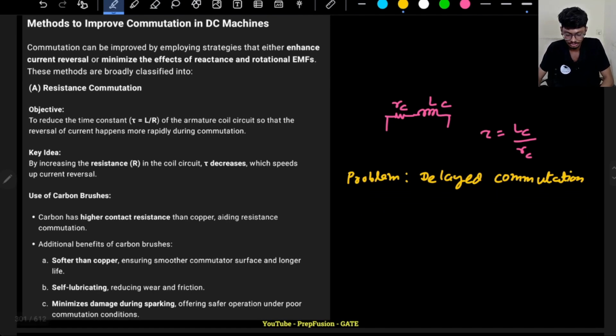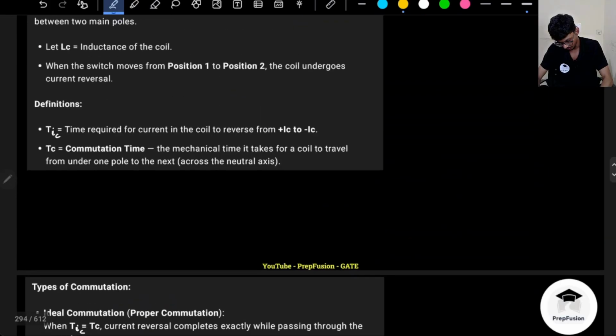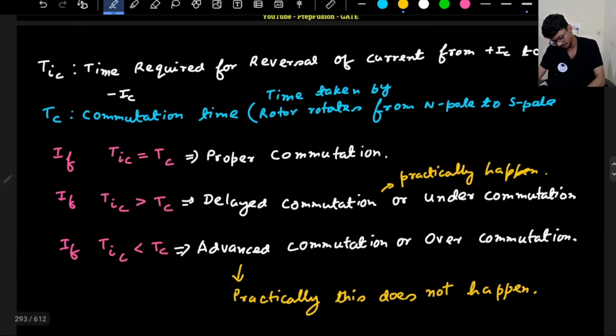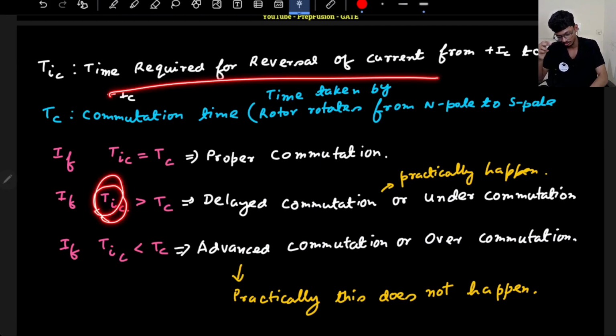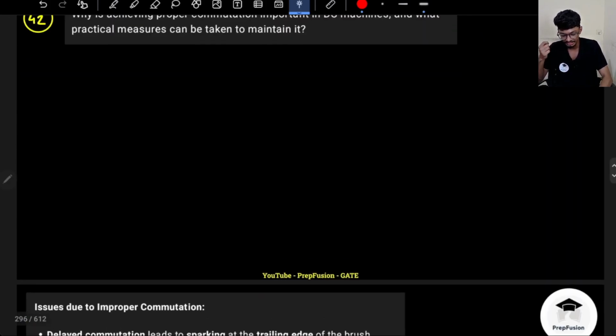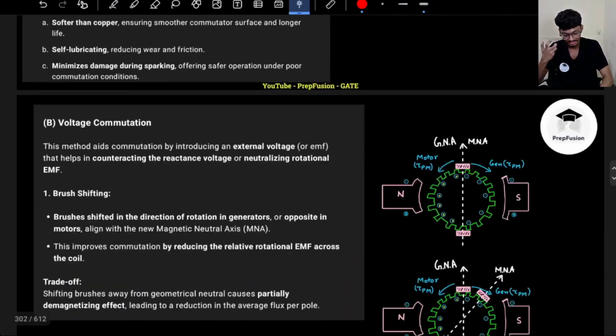Due to delayed commutation, what is the problem? The problem is that the current reversal is slow. That is what we discussed in the delayed commutation problem. It is taking more time to reverse the current. So what I can do is decrease the time constant, so things will reach steady state faster.